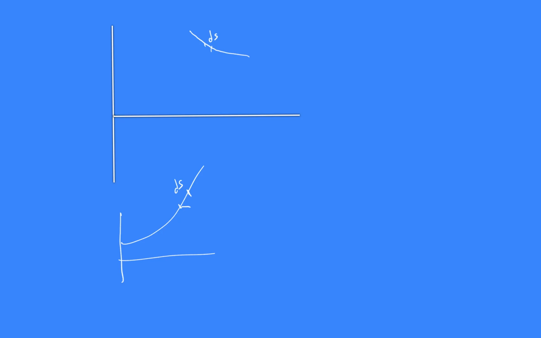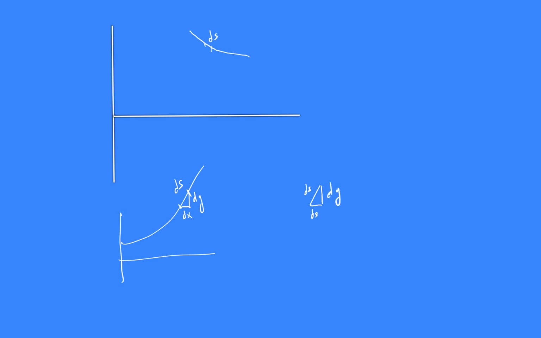So I will say this is dx, this is dy, and this is ds. So there is a triangle: ds, dx, and dy. So I would say the Pythagorean theorem will work.